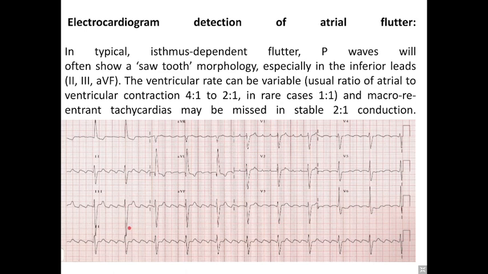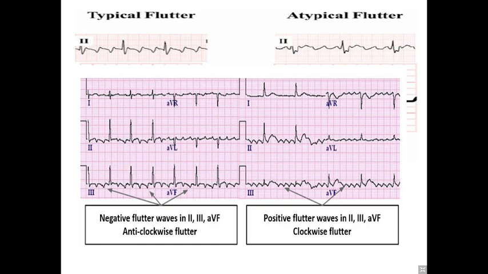And we see big F waves, and very often we call it sawtooth morphology, because it looks like a sawtooth. And very often we see big F waves in inferior leads. What do inferior leads mean? Second standard, third, and AVF leads. It's the inferior wall of left ventricle.